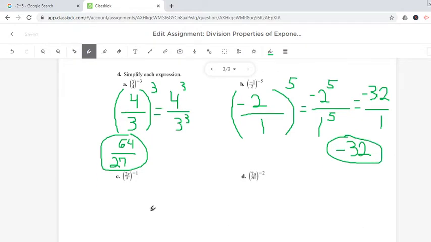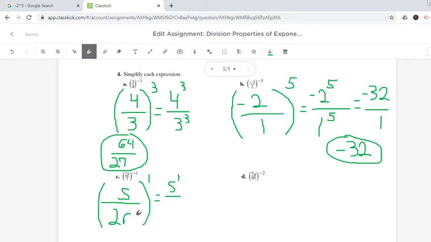C. We have a negative exponent again. So we will take the reciprocal. So s is in the numerator, 2r in the denominator. Okay. And change this to a positive 1 exponent. So that becomes s to the 1.